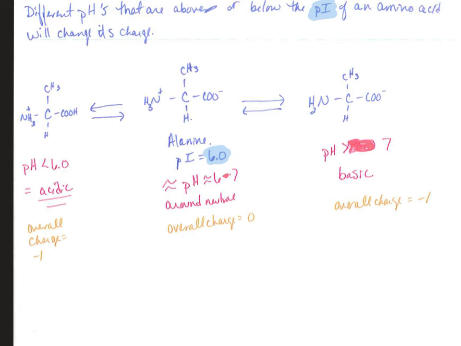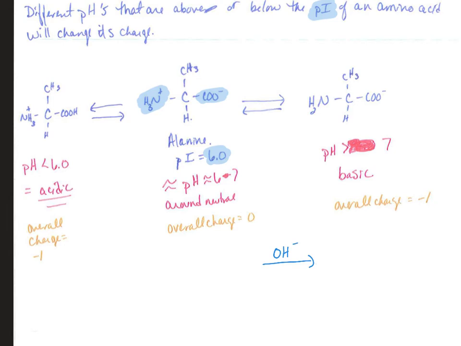So at about pH 6 or 7 or so, what we find is that this N over here has a positive charge, and this COO over here has a negative charge. As you get into something that is more basic, or a situation that's more basic, now remember, when you go into a basic situation, you're adding what would be like an OH minus.